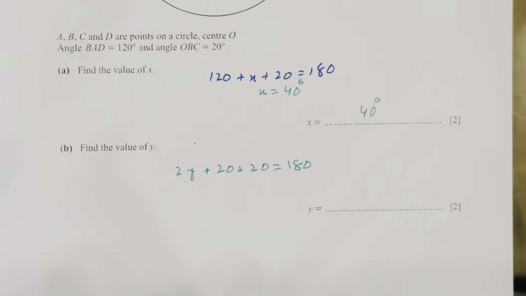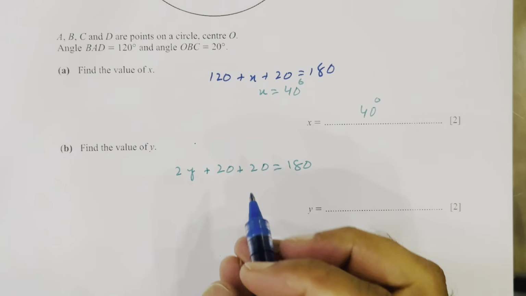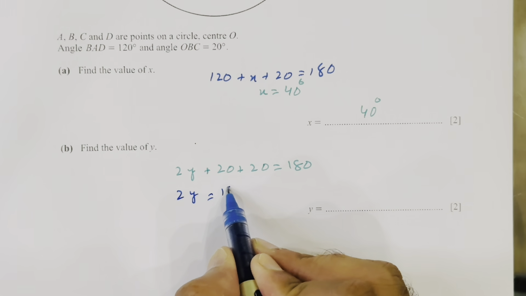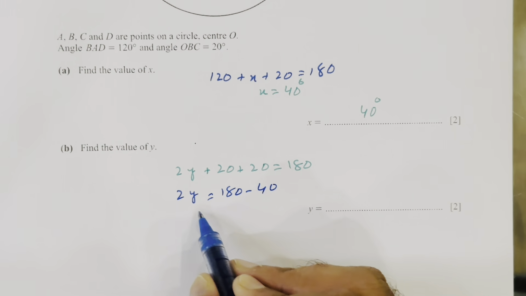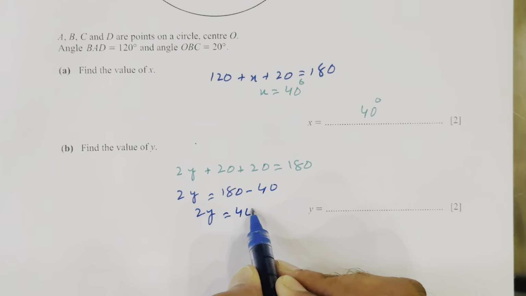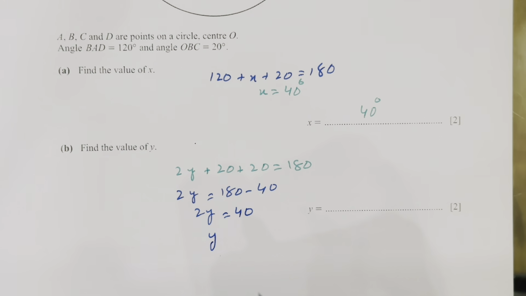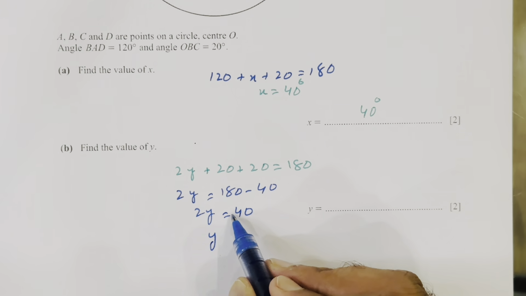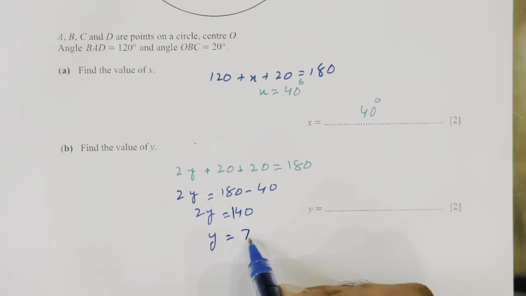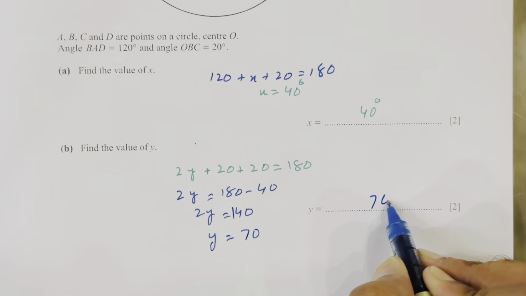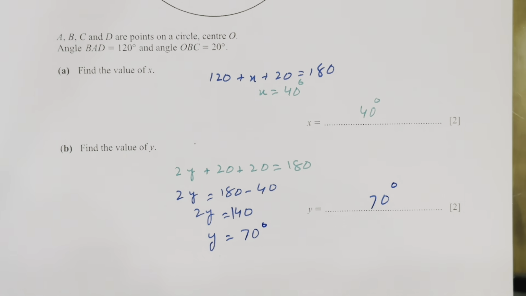So 2y is equal to 180 minus 40. We get the value 2y is equal to 140, then y is equal to 70 degrees. So this would be our final answer for the value of y.